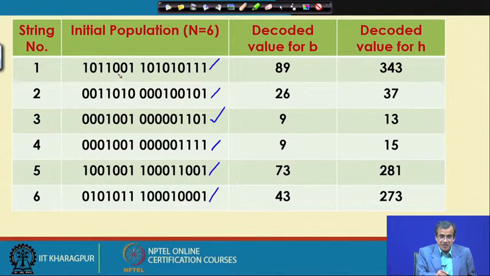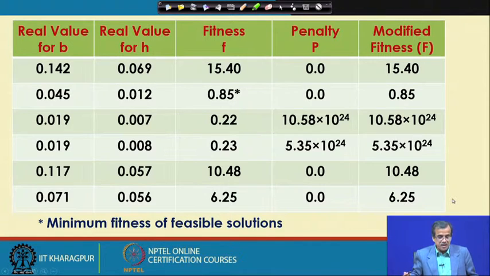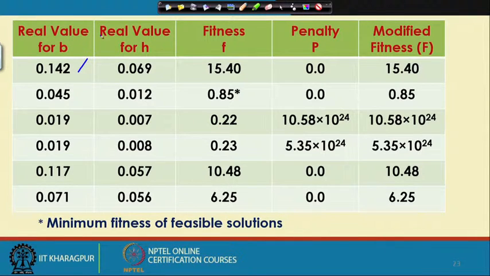Now, for example, I have already discussed for the first GA string, this is the decoded value for B and this is the decoded value for this particular H, and similarly for the other GA strings I can find out the decoded values. And once you have got this decoded value, now I can find out the real values for this particular B. For example, corresponding to the first GA string, the real value for B is 0.142, this I have already discussed.